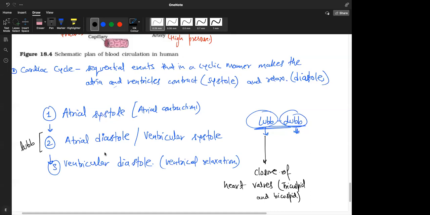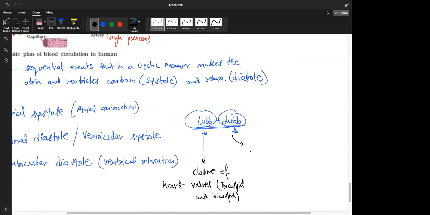And then the second sound, which is dub, is coming when the closure of semi-lunar valves happens. Now I'm using a new term here, but I'll explain it. What are semi-lunar valves?